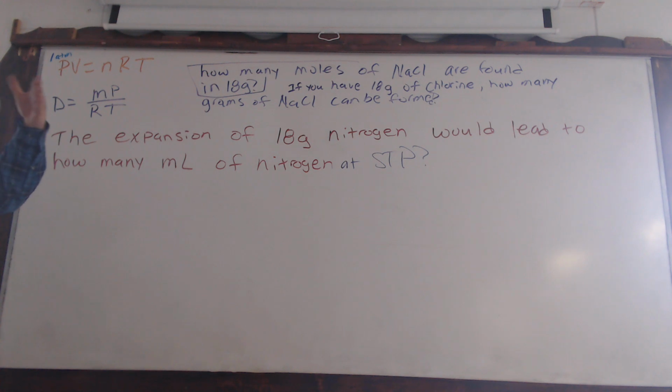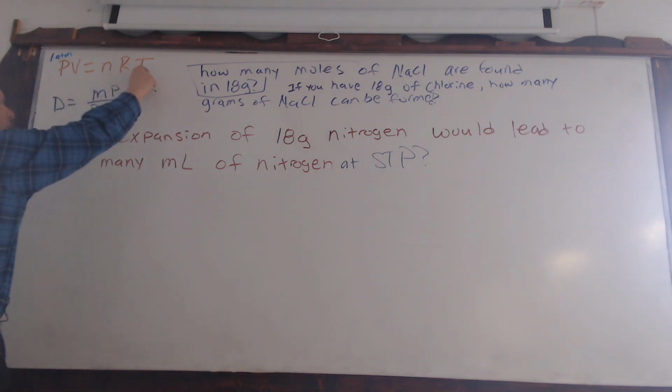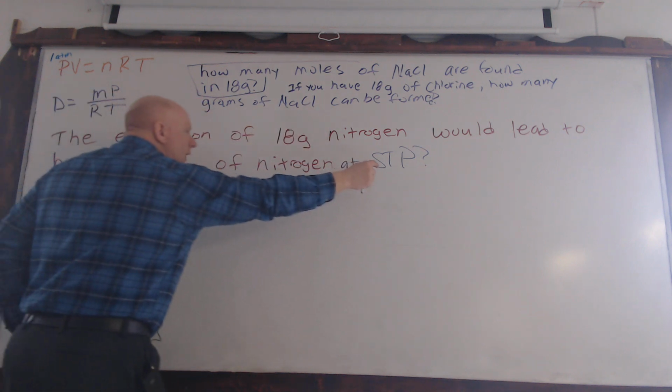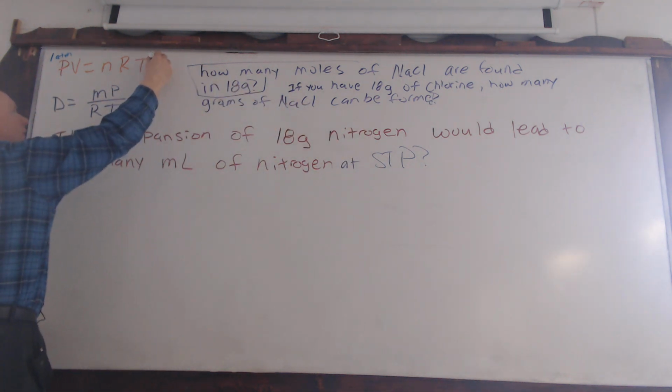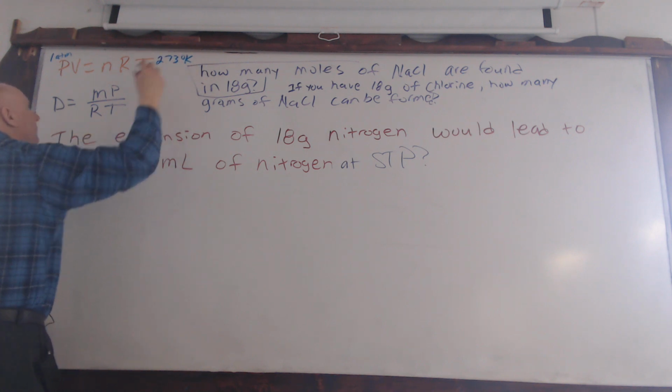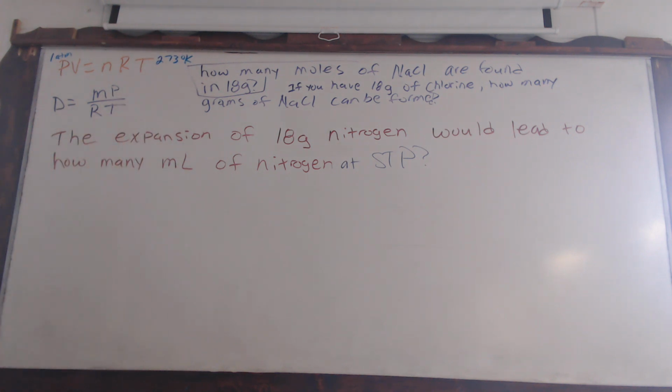That will come later. What is the temperature of a gas at STP? 273 Kelvin. Then this R is actually a constant.